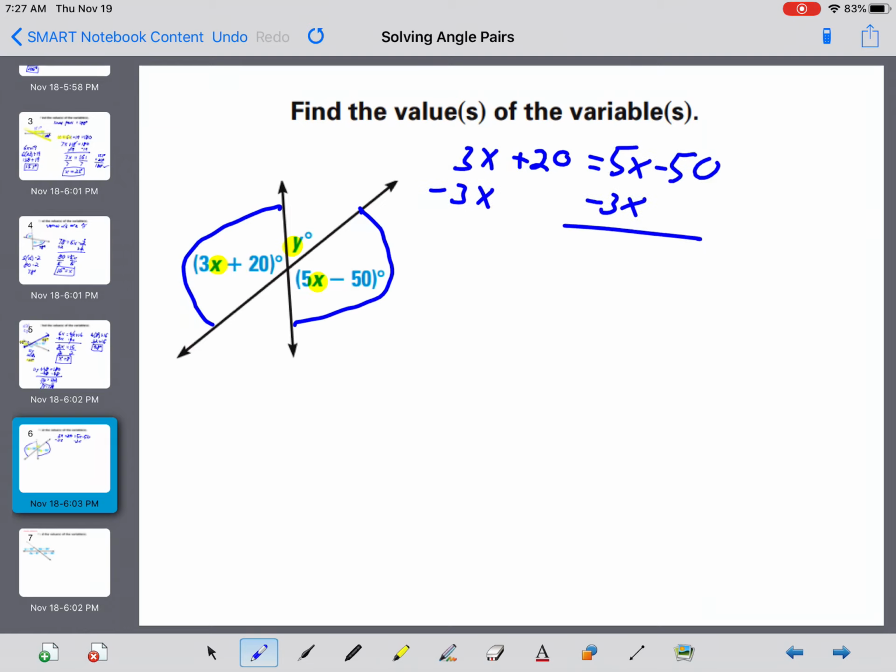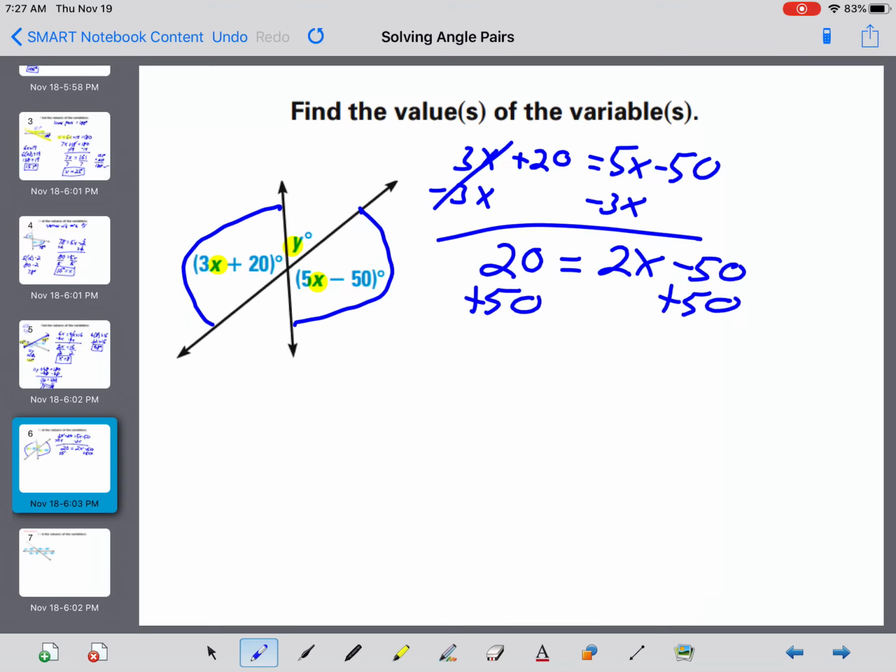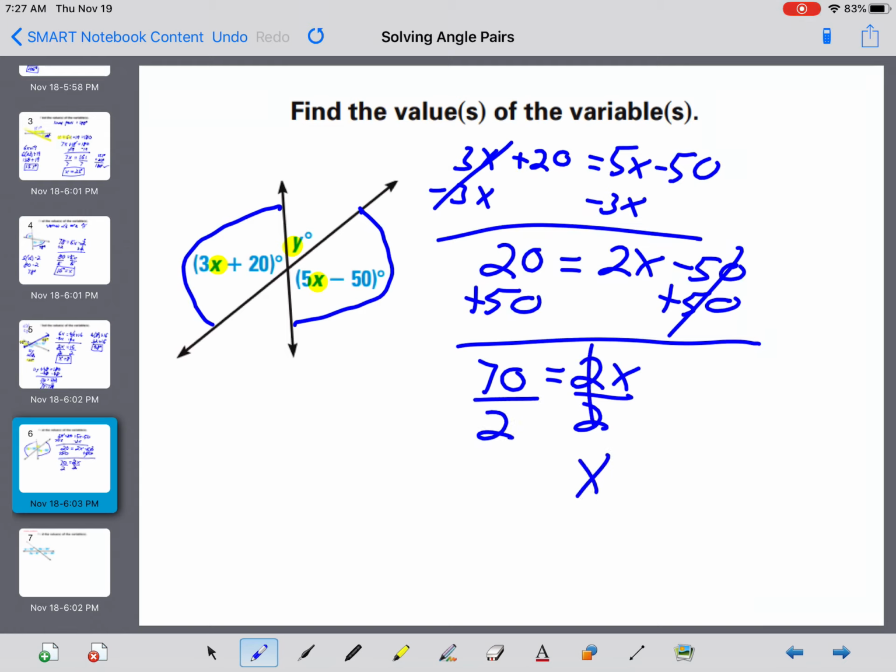Subtract 3x on both sides. And we get 20 is equal to 2x minus 50. Add 50 to both sides. And 70 equals 2x. Divide by 2 on both sides, and x equals 35.